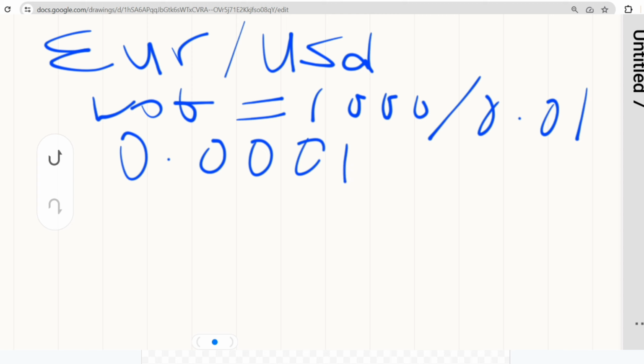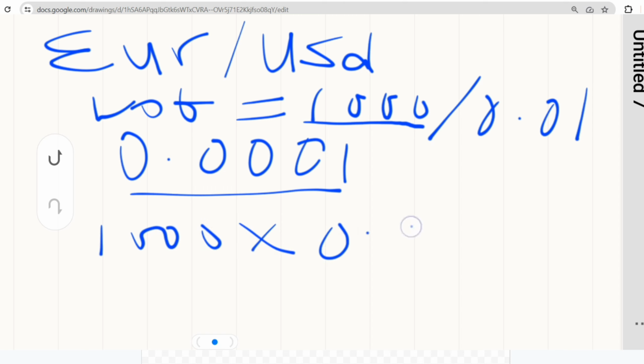So now we are going to multiply this unit by this PIP value. That means we are going to say 1,000 units times 0.0001.